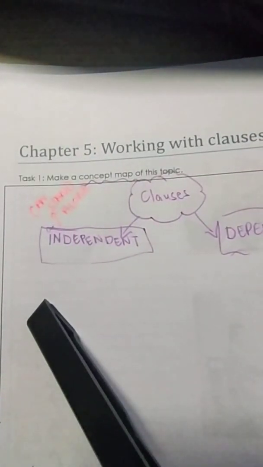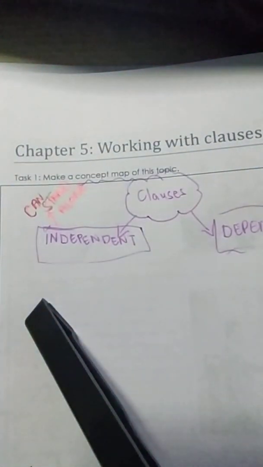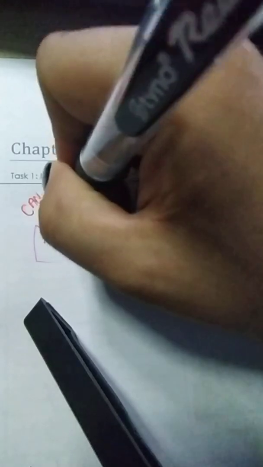I am so sorry, guys. Let me change the color. I guess black it is. I'm trying so hard to make it colorful, to make it beautiful, and then this happens. Look at that. Can stand alone.